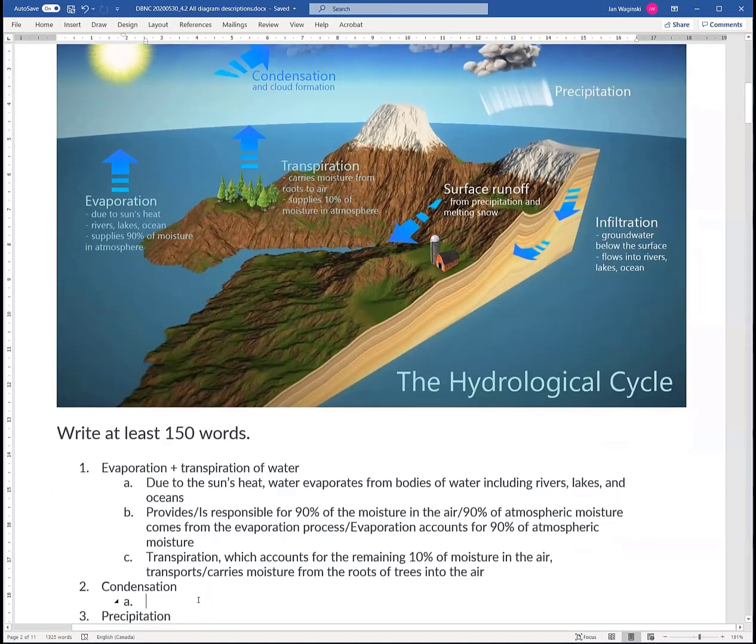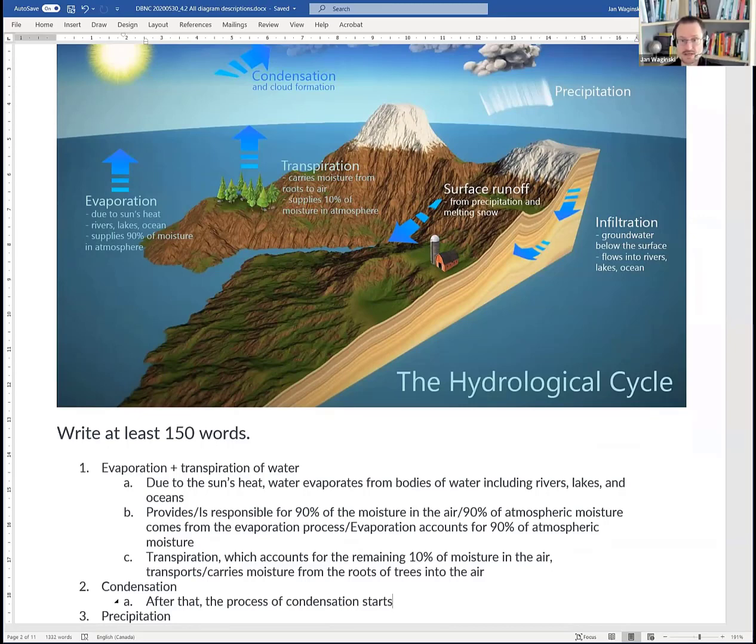Okay. So what does the condensation process lead to? Lead to the formation of cloud.